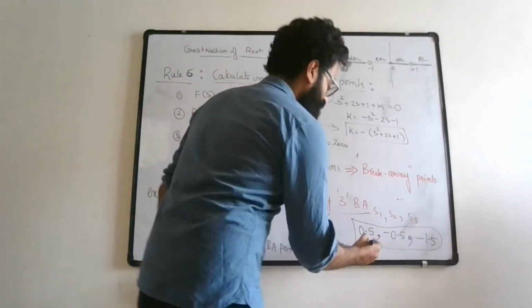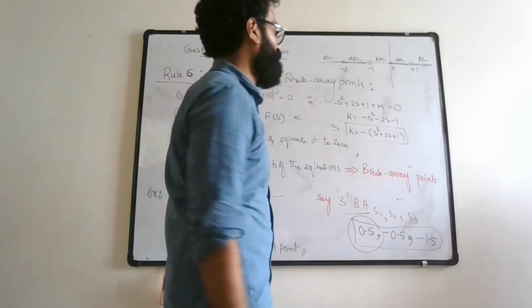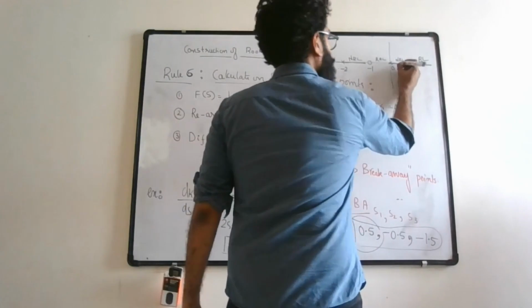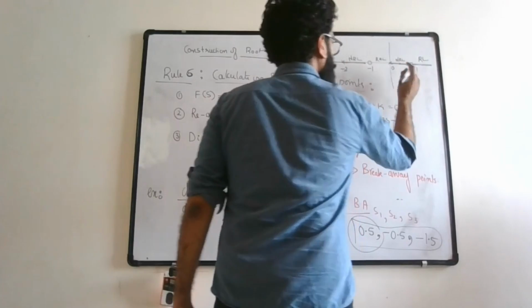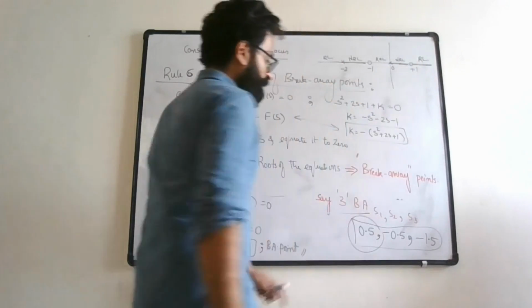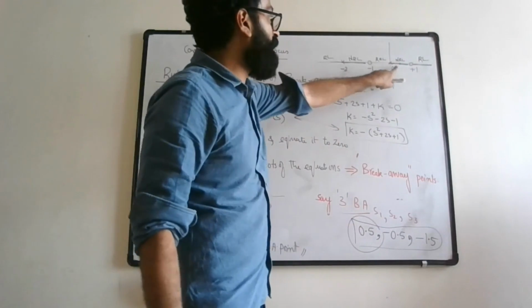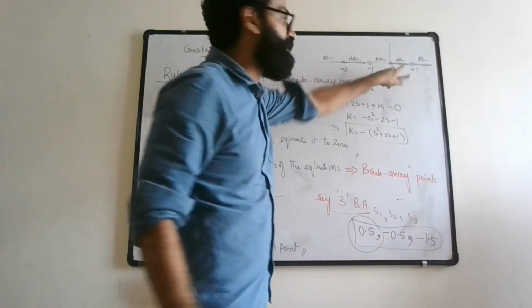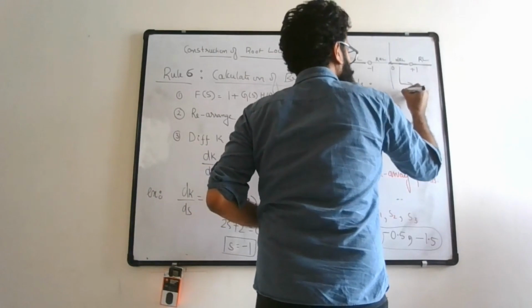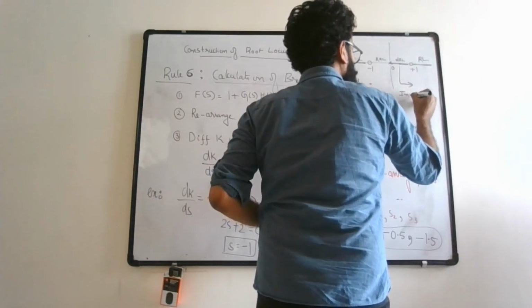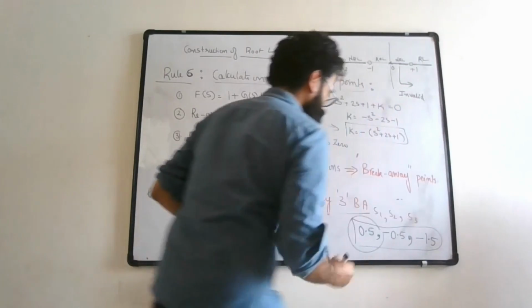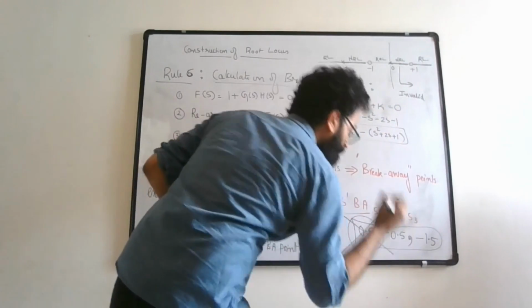So point number 1, what is the value? 0.5. Where is 0.5? It is between 0 and 1. So this 0.5 is getting placed in which section? NRL section. Hence, it can be called invalid, so you can discard this point.